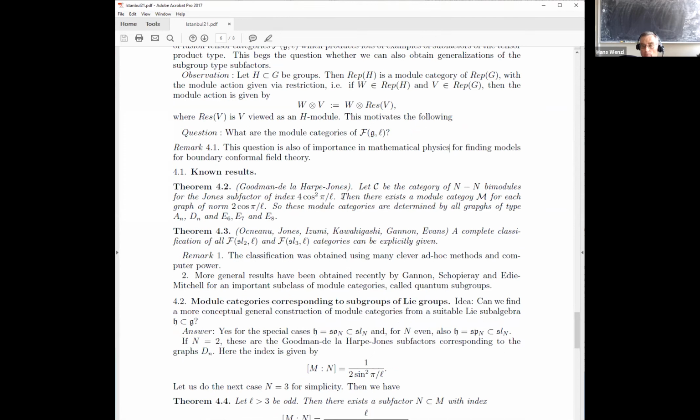Then one has a very nice classification of the module categories. Namely, there exists a module category for each graph of norm 2 cos(π/L).